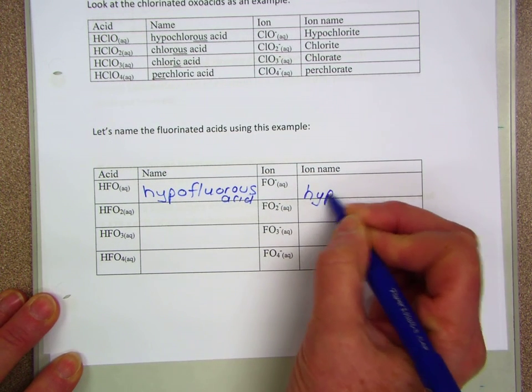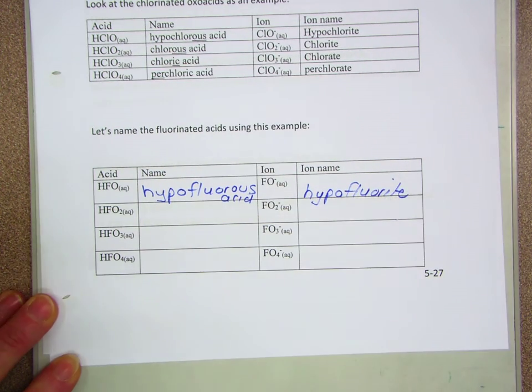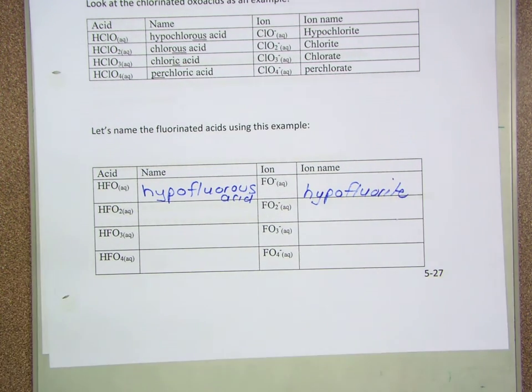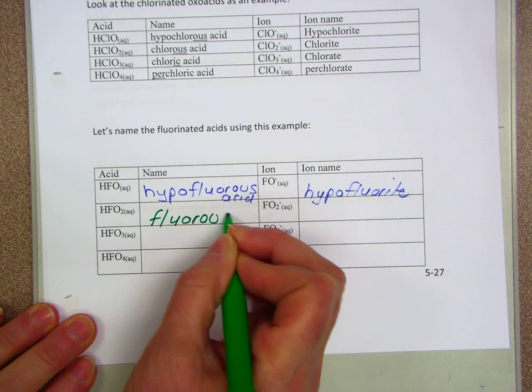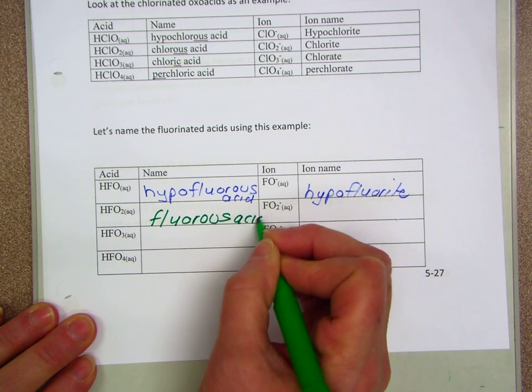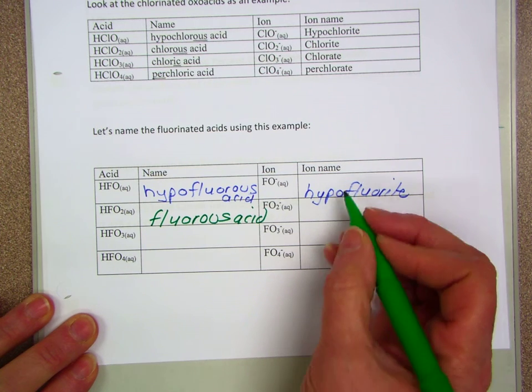Hypofluorite. Hypofluorite is correct. HFO2, aqueous. Adam? Fluorous acid. And its anion, Ricardo? Fluorite.